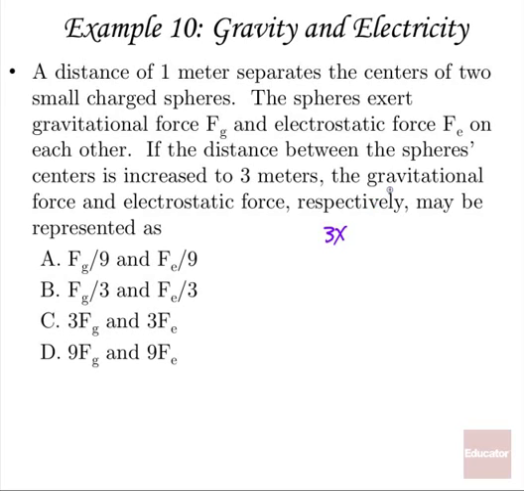We have tripled the distance. Because distance is squared, we're going to have a change by a factor of 9. Now, is that going to be 9 times greater force or 1/9 the force? Well, we're going to have a smaller force because they're getting further away. So, because they're both inverse square laws, our correct answer must be A: 1/9 the gravitational force and 1/9 the electric force.